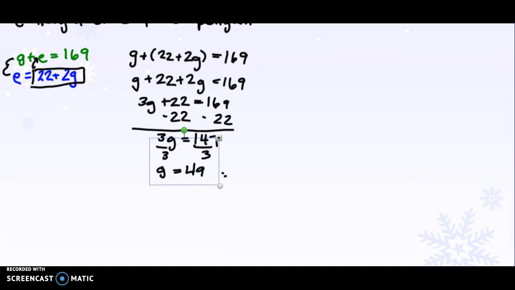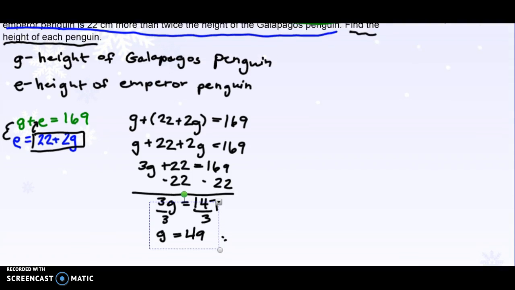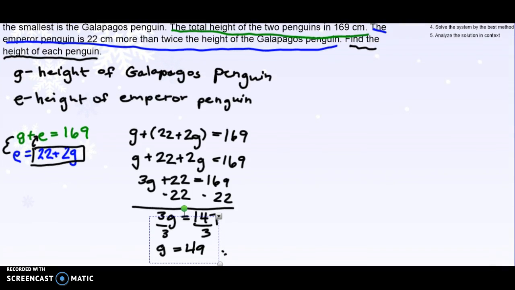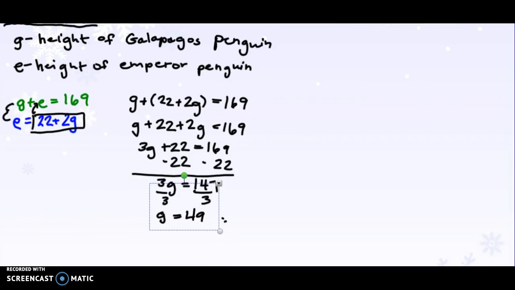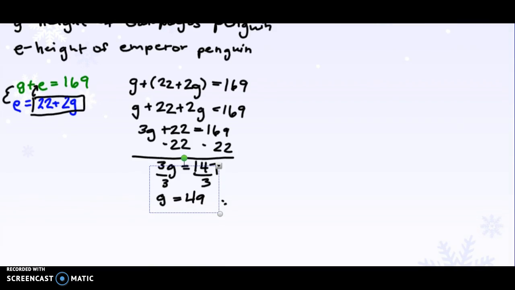I still need to solve for the height of the emperor penguin because our question was to find the height of each penguin. So I'm going to take this 49 and plug it back into that green equation for g so I can solve for e. So we'll have 49 plus e equals 169. I'm going to subtract 49 from both sides so I can get that e by itself.